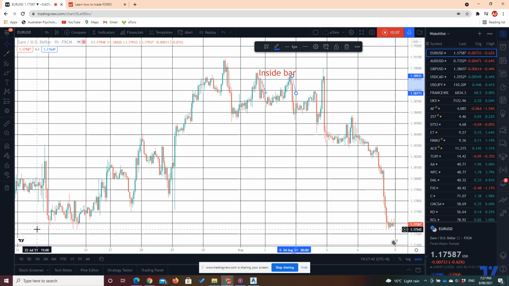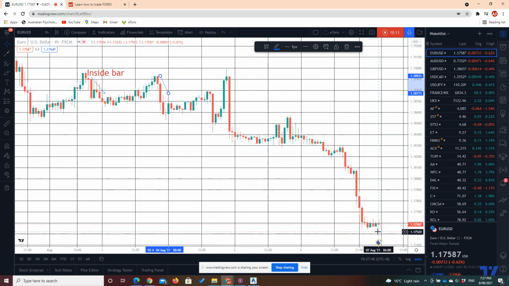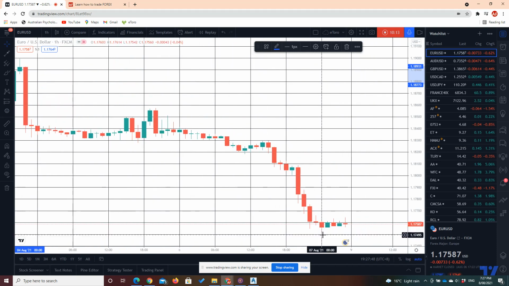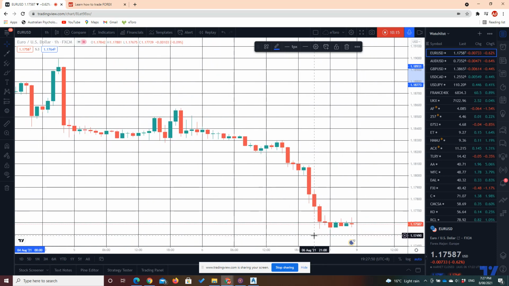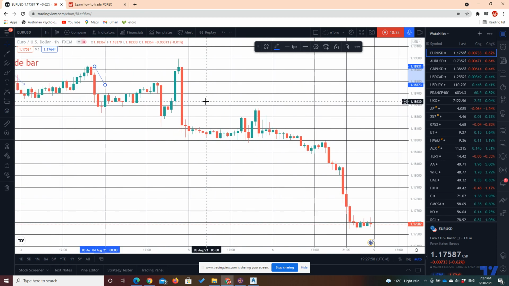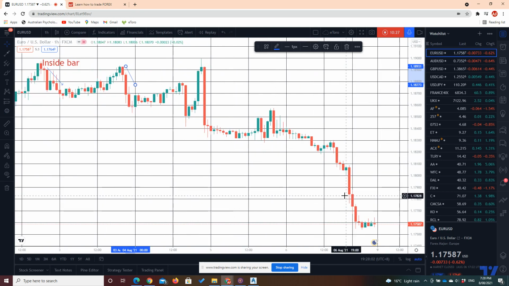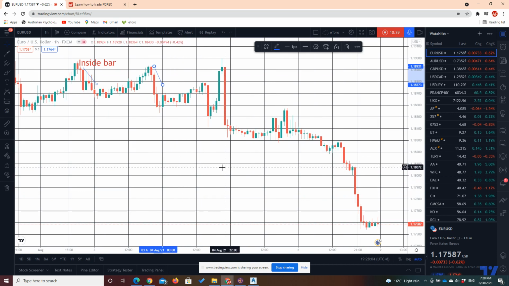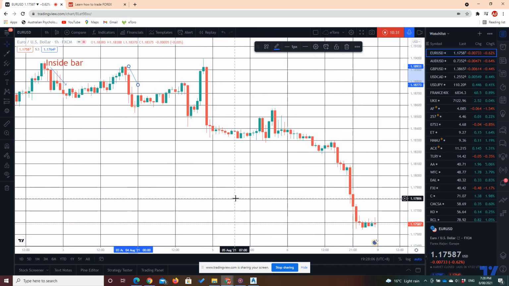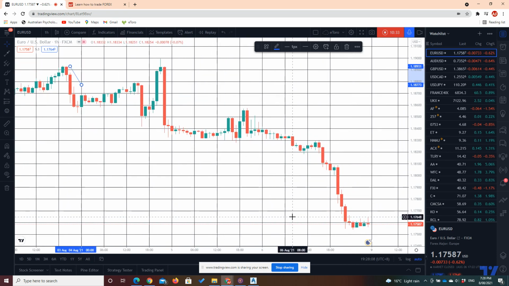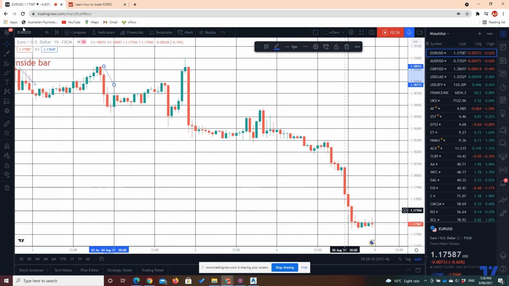So we can put the stop loss, depending on the time frames you're trading, maybe 20 pips below the low of this candle. But that depends on your stop loss, and I explained stop loss in other videos. I use ATR to configure my stop losses, so I'm not going to discuss that in this video.